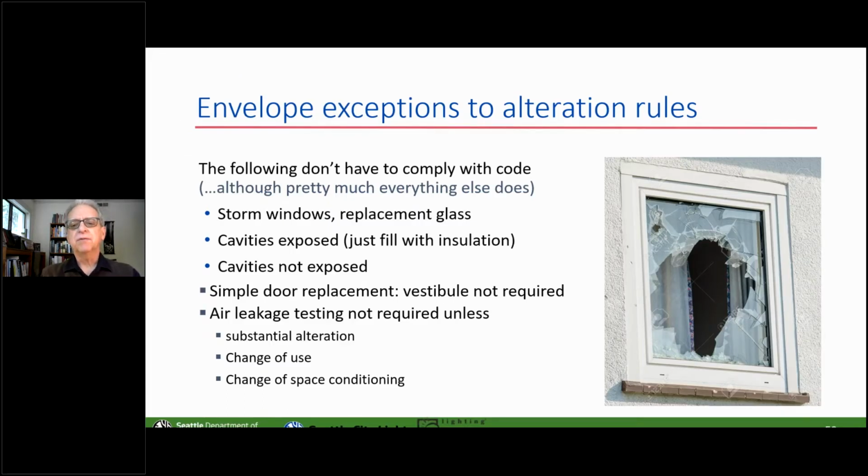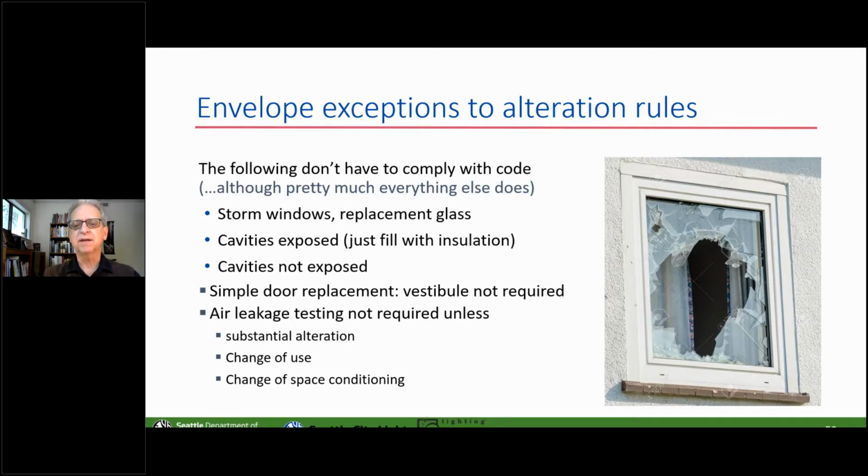So there are a number of exceptions. If the neighborhood kids knock a ball through your window, you can replace that. If you're doing some kind of work that opens up the cavities in your wall or ceiling, you have to fill the available cavity with insulation, but not go all the way up to the code requirement.